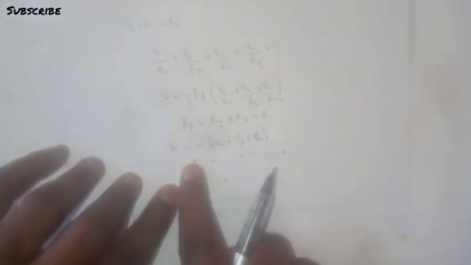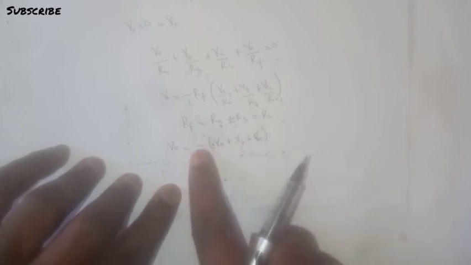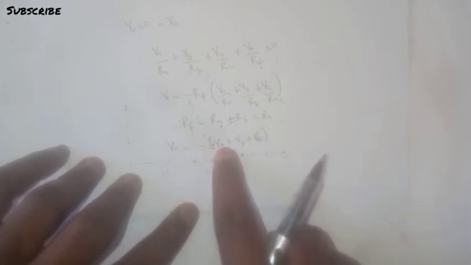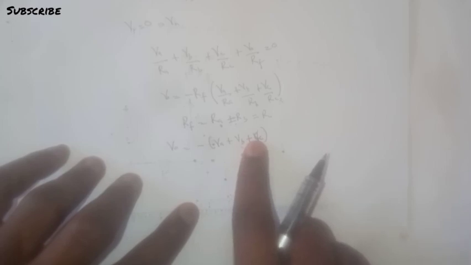And now V0 is just an inversion of the sum of the three signals in that case. So this is why we call it the summing amplifier, because it adds up all the input signals.